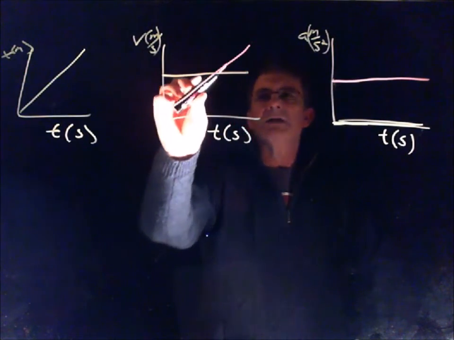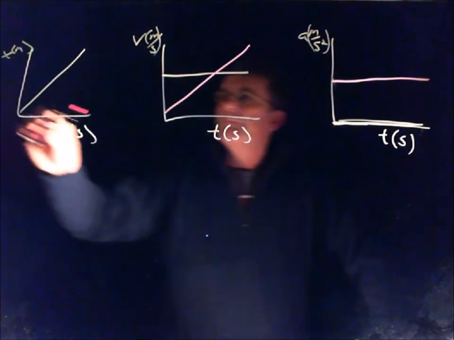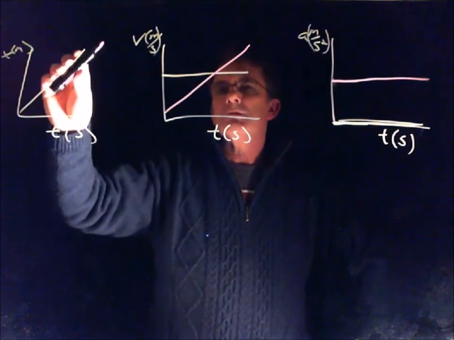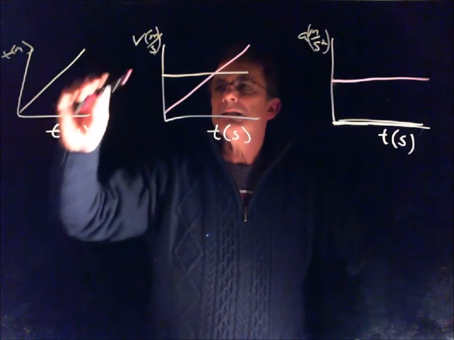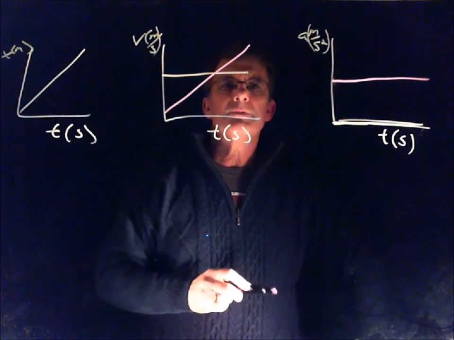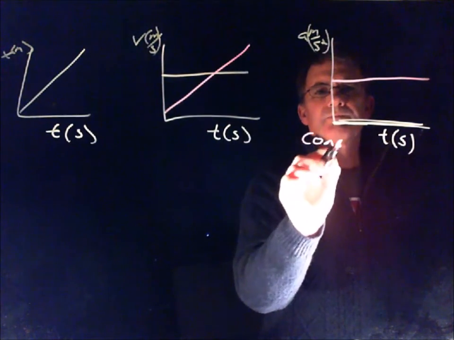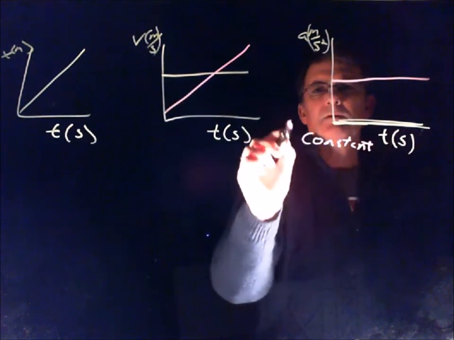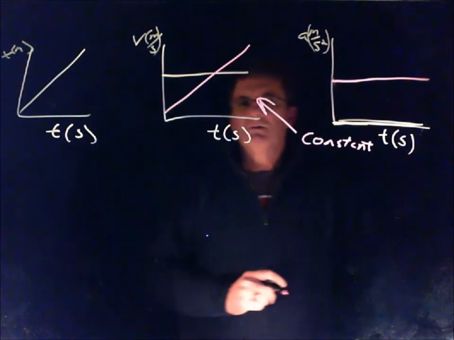If I have a constant positive slope on my velocity graph, I have an upward slope on my position graph, but it's constantly changing. So this is a little bit trickier. Since we have a constant slope, I get my nice linear line.